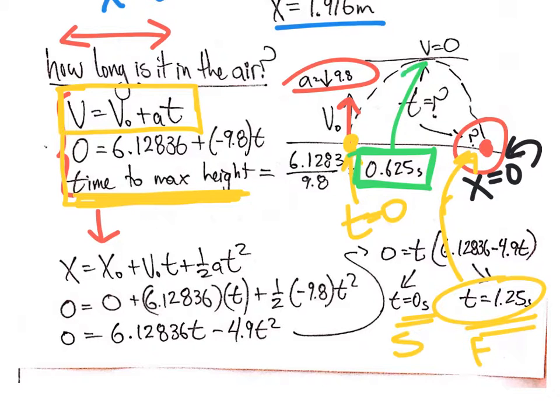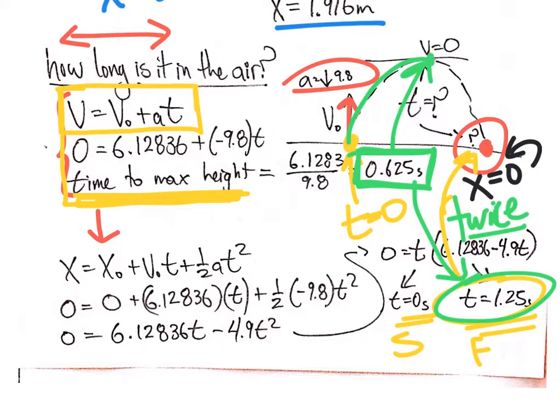So that would be the time right here. Notice how the time in the air is twice the time to maximum height. So if it takes that much time to get up here, it's going to take the same amount of time for it to get back down to its original height. Interesting.